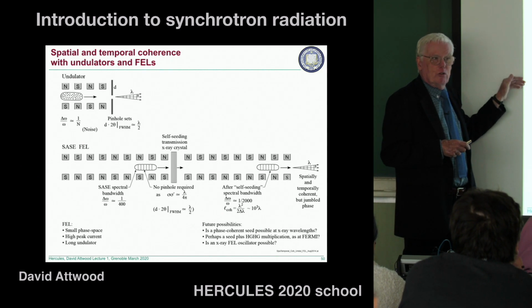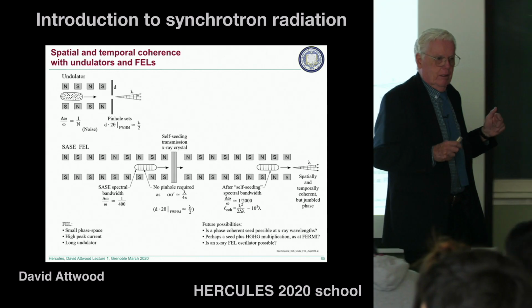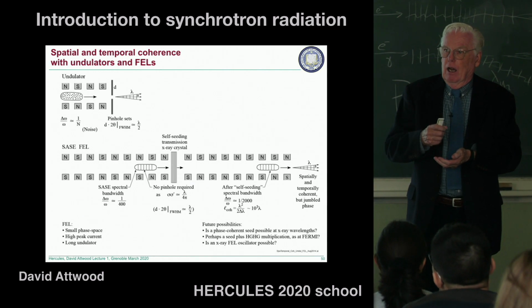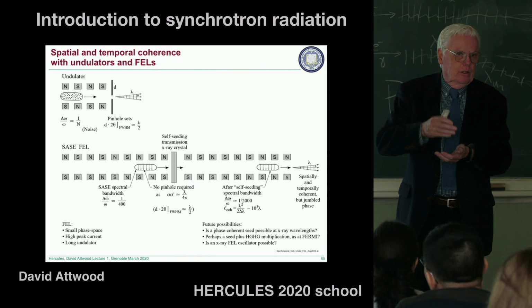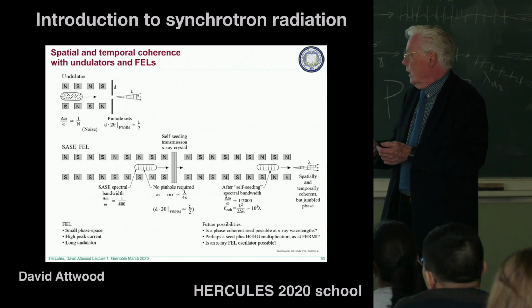So you can do real seeding, but it doesn't work so well. It doesn't work, really, at harder X-ray wavelengths, just because you can't get a high enough amplitude laser at short enough wavelength.